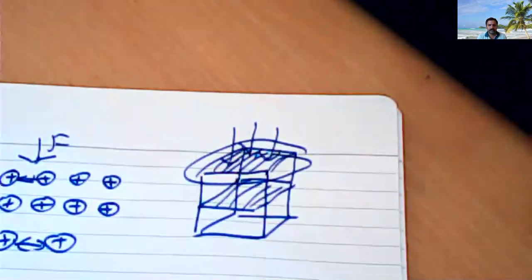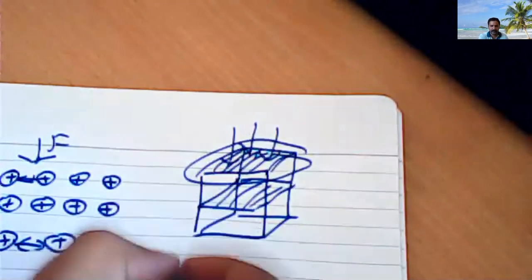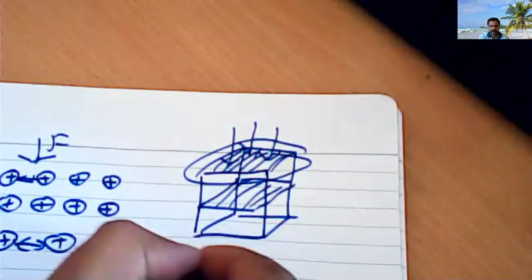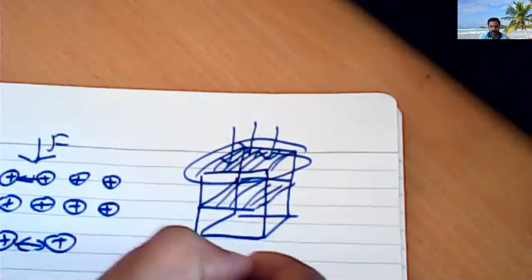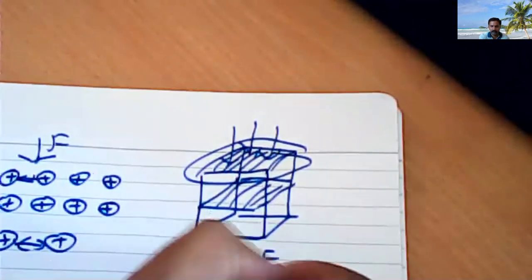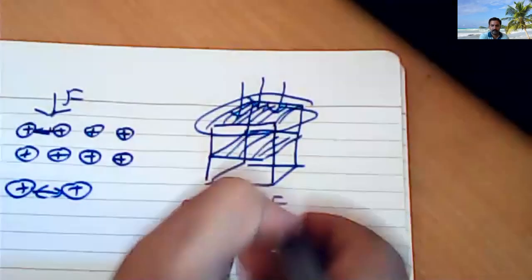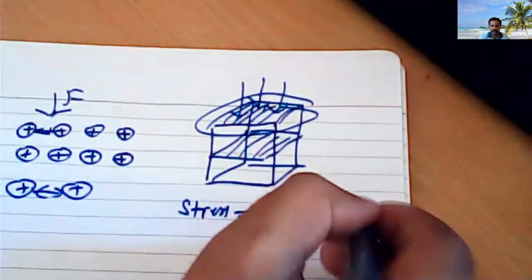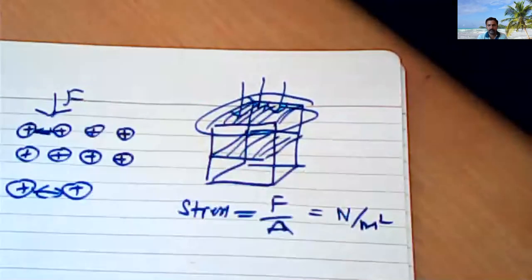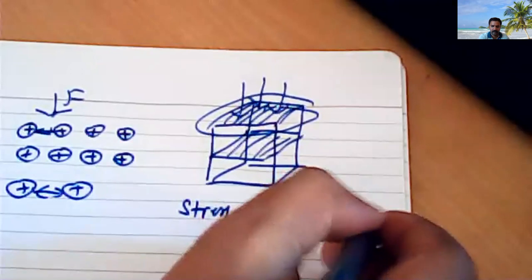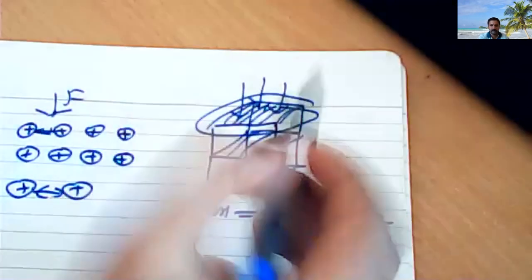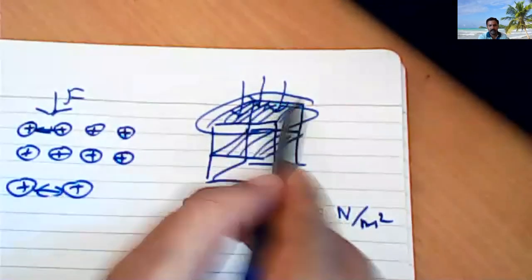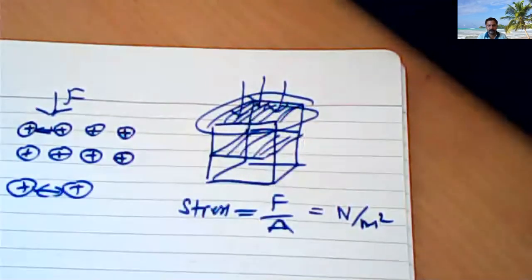So when you apply a normal force, or a force perpendicular to the area of cross section, that we are calling stress: force per unit area of cross section. The unit for stress is Newton per meter square, or Pascal. So you are applying a force perpendicular to this area of cross section. So this is the normal stress.